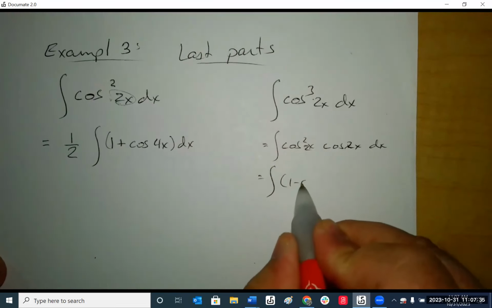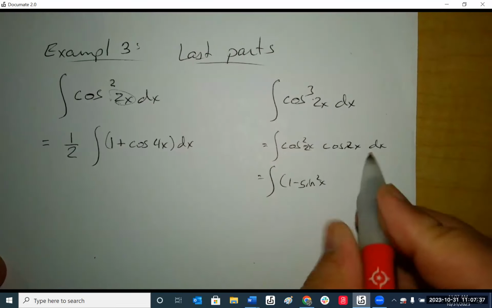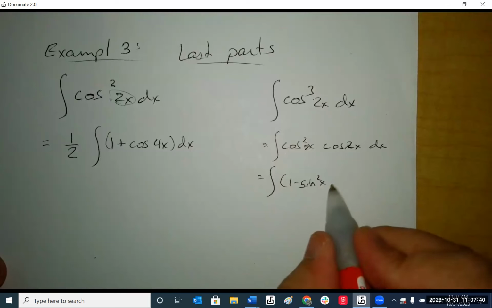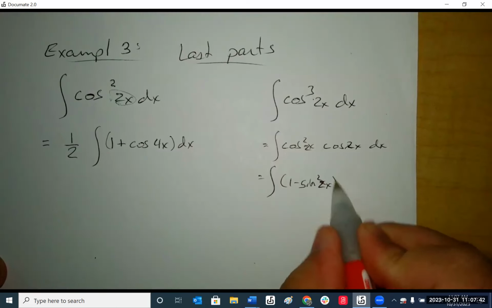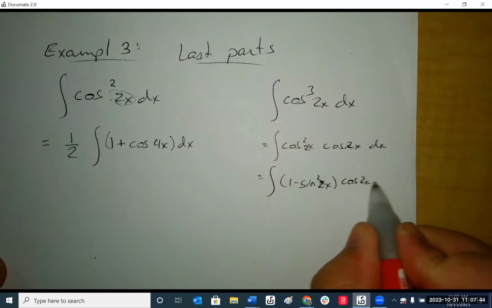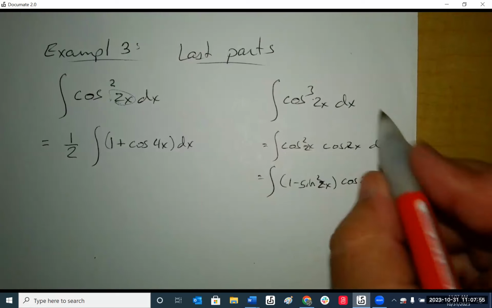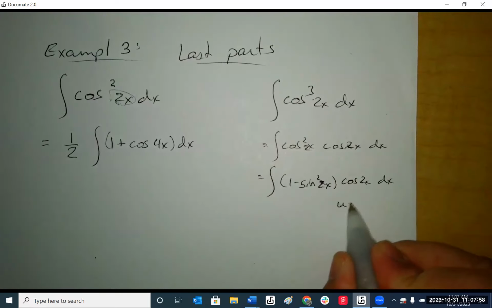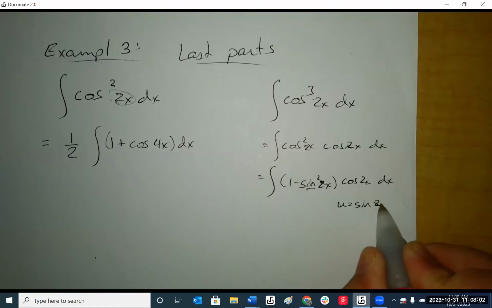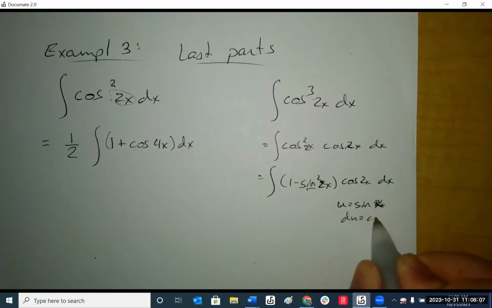This is 1 minus sine squared x. Here, u is sine, and du is cosine.